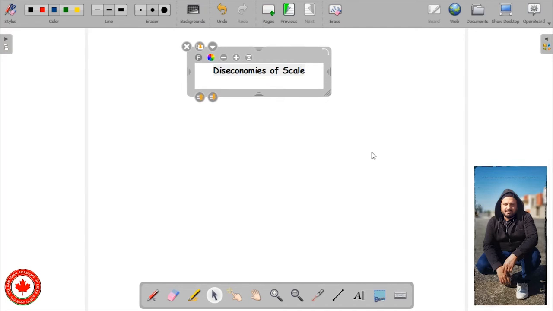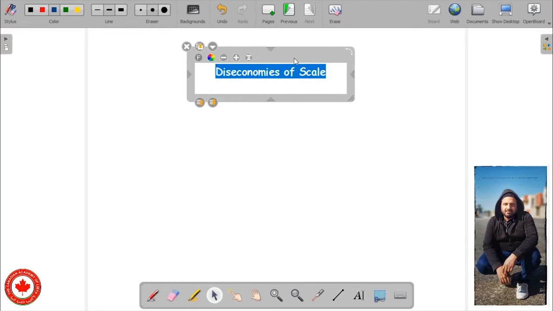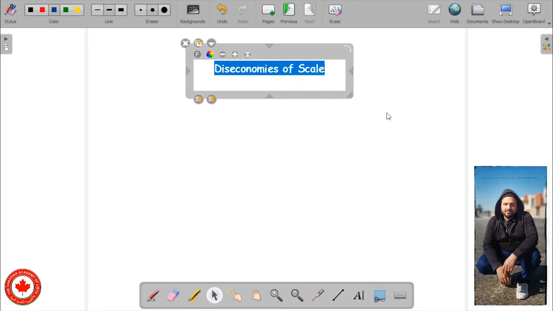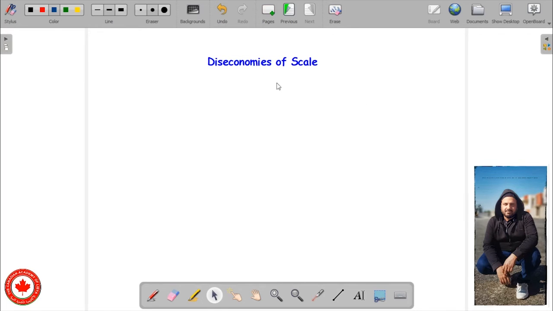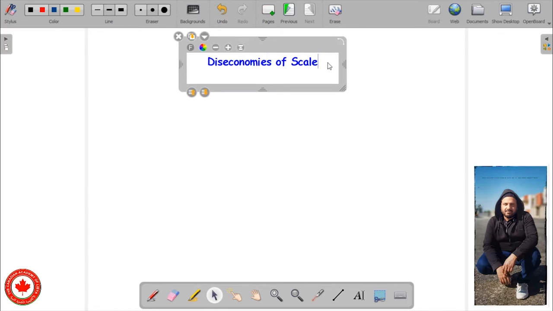It might sound weird, saying how large companies can face problems. They can face problems like any business, and there are factors that may lead to that, called diseconomies of scale.